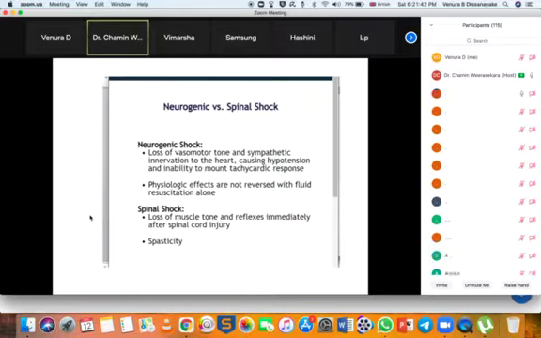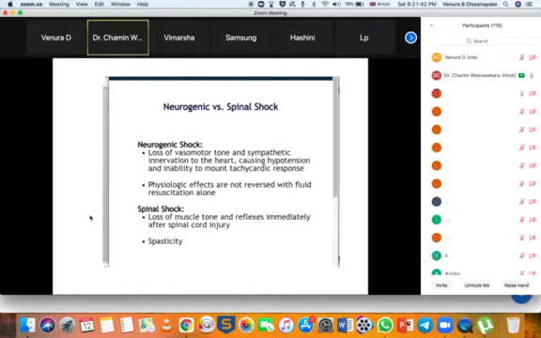Autonomic pathways means there will be involvement of the sympathetic outflow. The sympathetic system is responsible for vasoconstriction. If the sympathetic outflow is cut off acutely, there will be vasodilatation. Right? In addition, there are fibers which innervate the cardiac muscle, especially between T2 to T5.